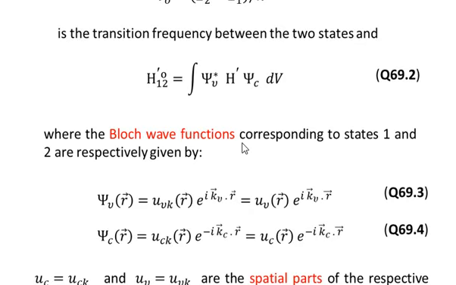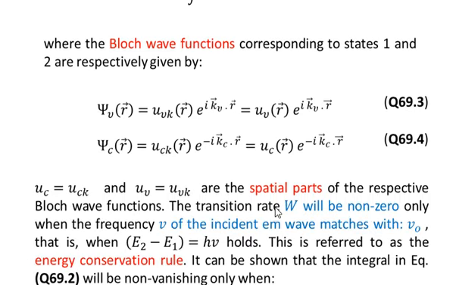where the Bloch wave functions corresponding to the state 1 and state 2 are respectively given by. So we can represent these wave functions psi v and psi c, that is the wave functions for the valence band and for the conduction band, as given in equation numbers 69.3 and 69.4.